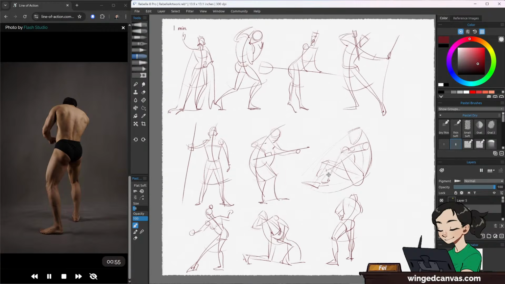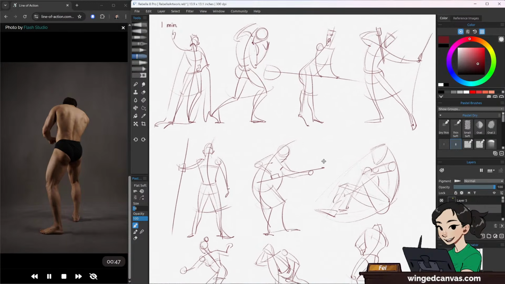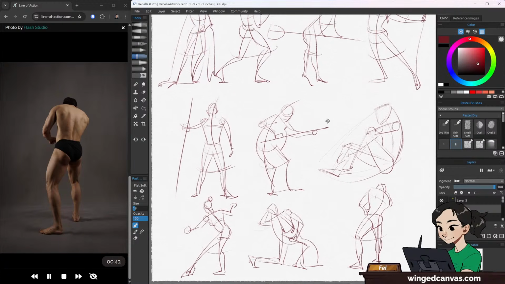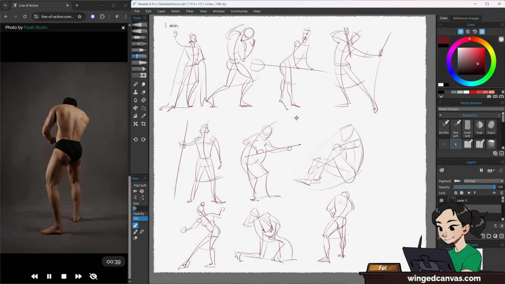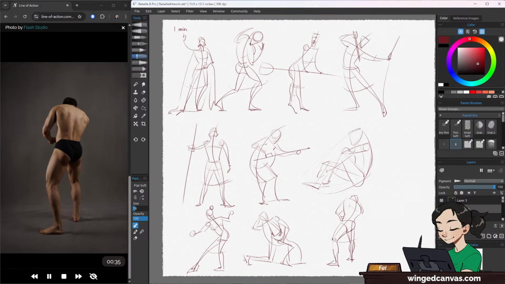You can see in 10 minutes we were able to draw 10 poses, and not all of them are perfect, but you can at least tell the movement and the energy. And that's really the goal, is just to make sure that you can draw the energy and the movement, and not worry too much about structure later on.